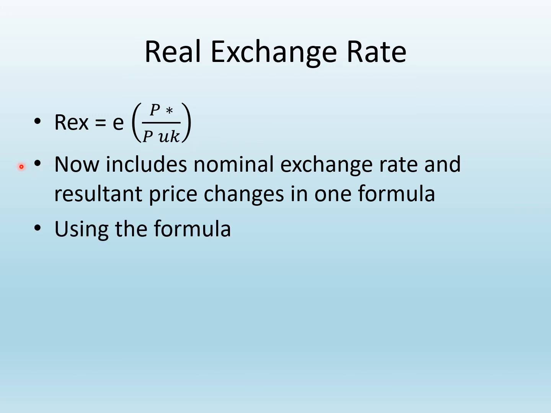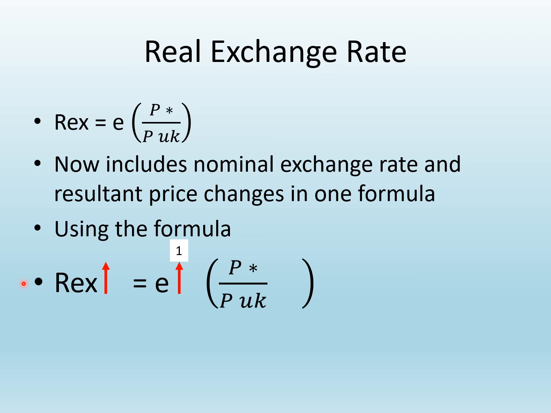So now if we use the formula and we follow the same logic that we had before in the previous slide, we have a currency depreciation, nominal depreciation. That's the first thing that happens. And that makes UK exports more competitive. So you also have a resultant real exchange rate depreciation.